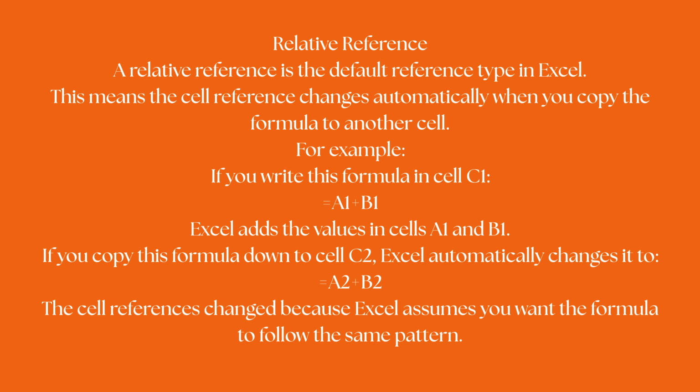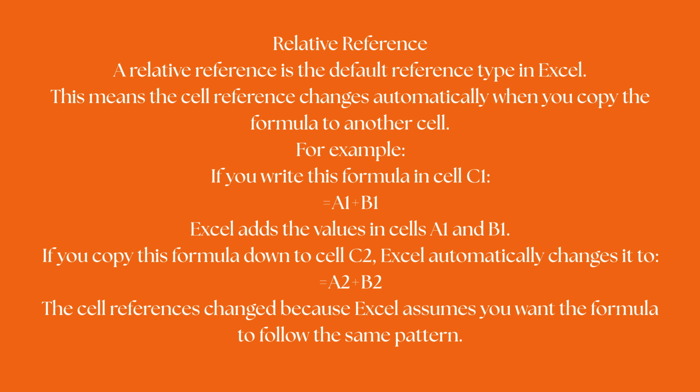Now, if you copy this formula down to cell C2, Excel automatically changes it to equals A2 plus B2. So if you go down to cell C3, it's going to change it to A3 plus B3. The cell references change because Excel assumes you want the formula to follow the same pattern.